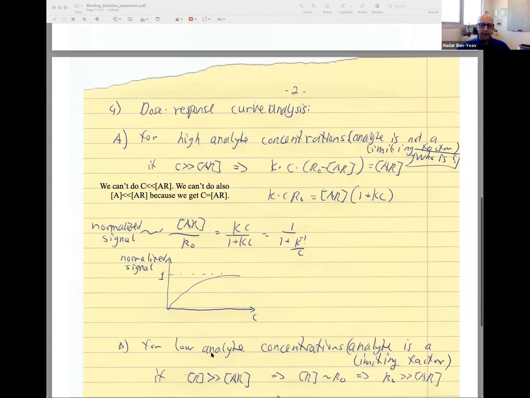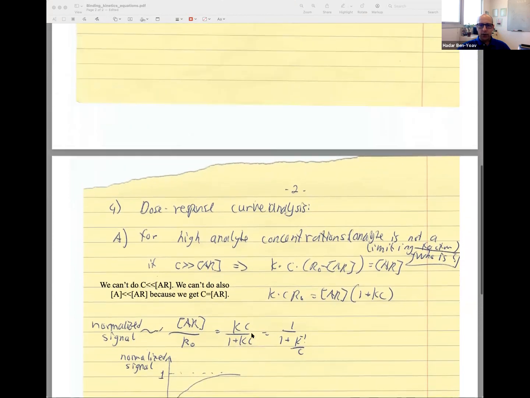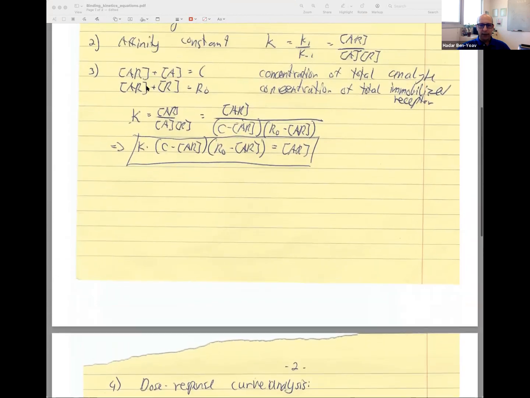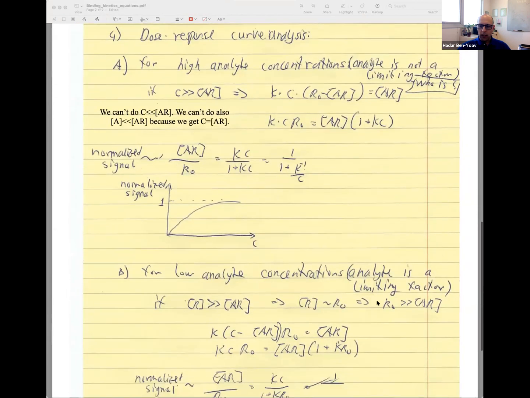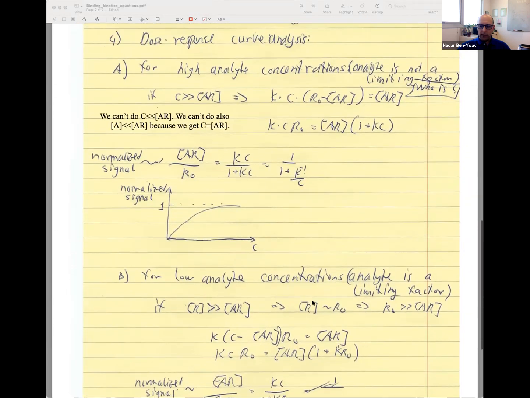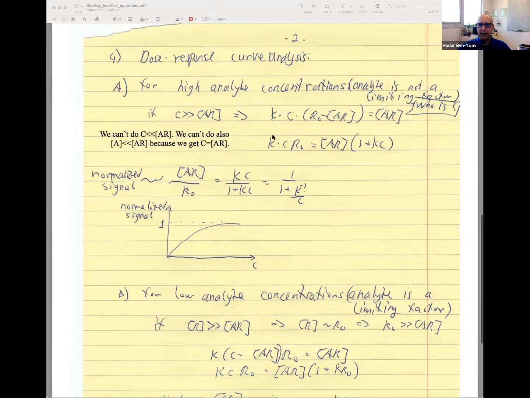So what we get is that R is much bigger than AR, meaning that you have a lot of free receptors compared to those that are bound, because we don't have a lot of analyte. And when R is much bigger than AR, R is almost like R0. Okay?